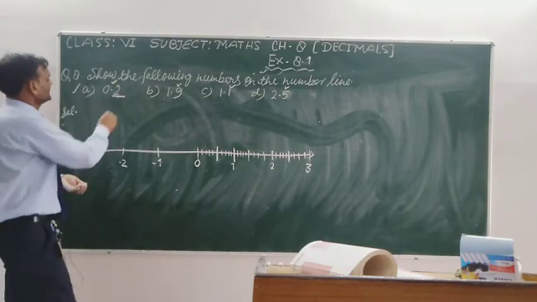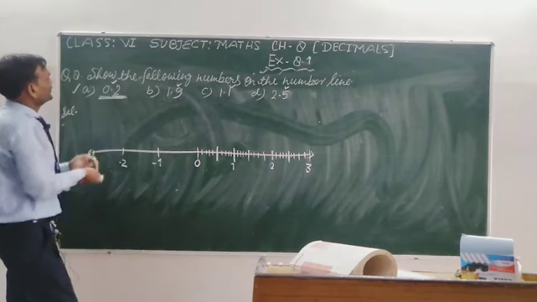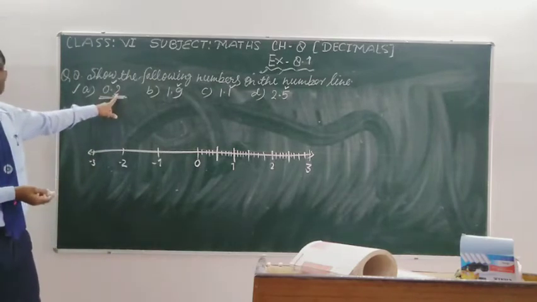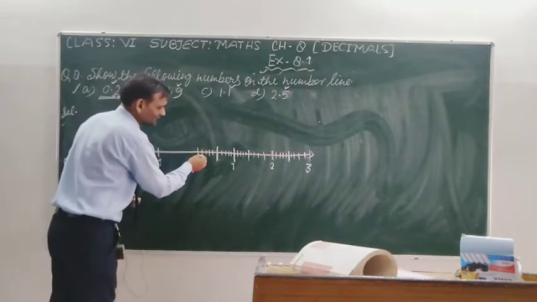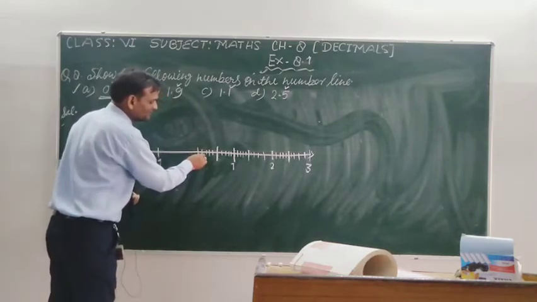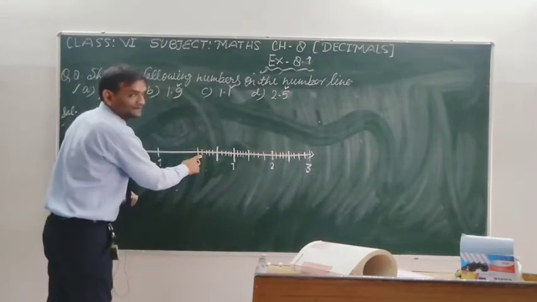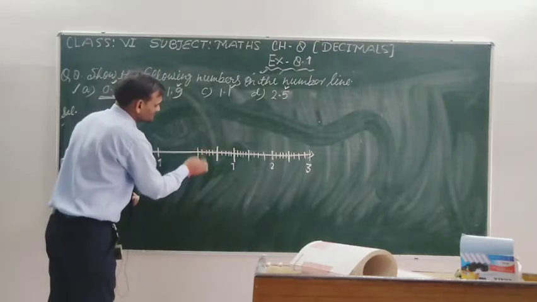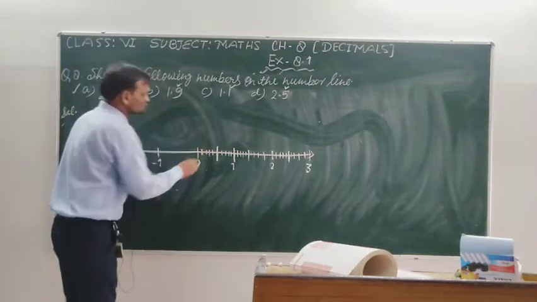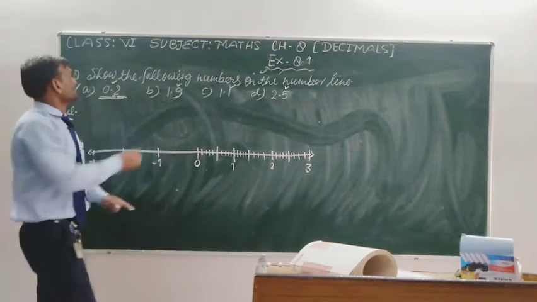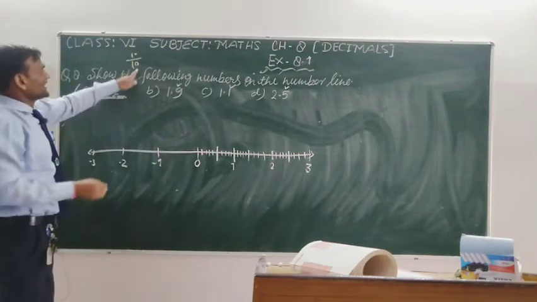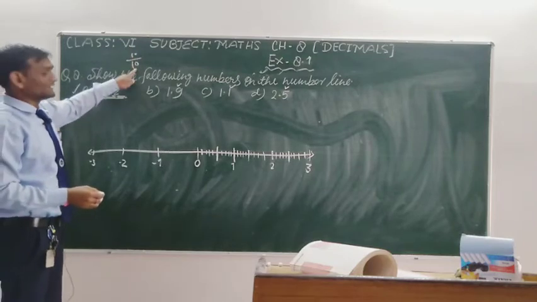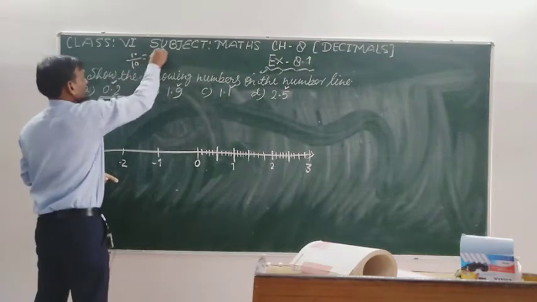Now, student, we need to show 0.2 on the number line. So, this is 0.1. It means 1 upon 10. Here is the decimal point. And when you divide 1 by 10, you get 0.1.